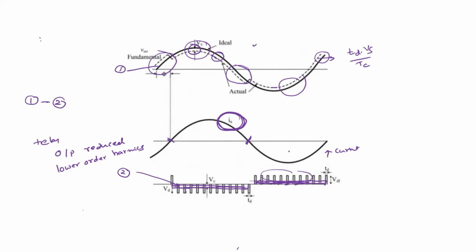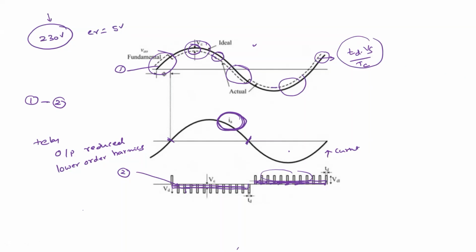For example, here 230 volts is there for some instant, and you calculate the error voltage as some 5 volts.